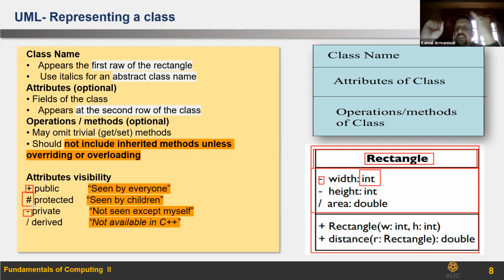The function can be public, private, or protected, and the attribute can be public, private, or protected. That's fine. So public, always remember the word, it's seen by everyone. Any object that belongs to this class will see the public functions and attributes.